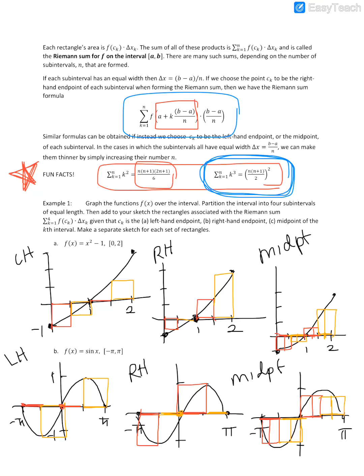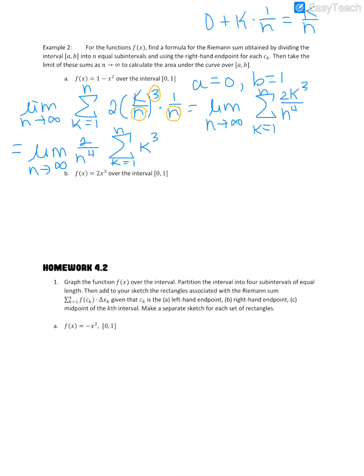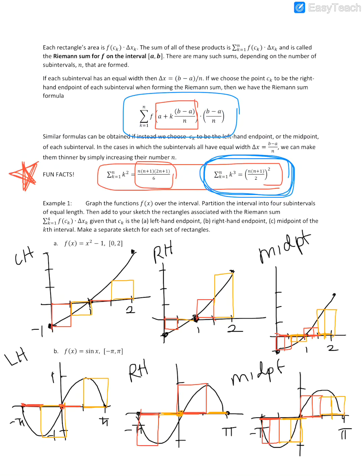So that is going to be the limit as n approaches infinity, 2 over n to the 4th times my k cubed formula, which is n squared times n plus 1 squared over 4. Notice I just brought the squared in.